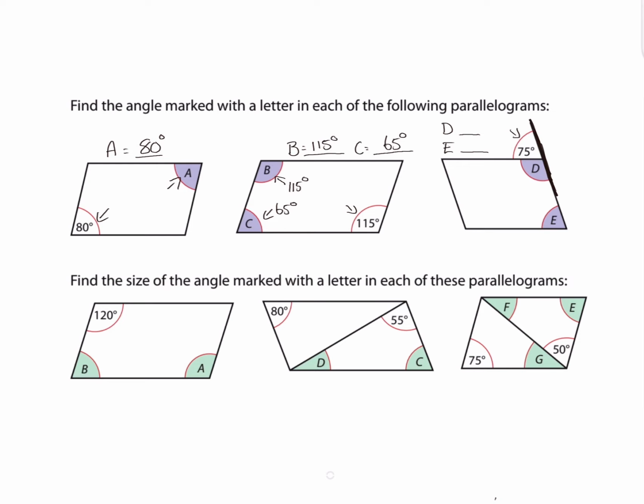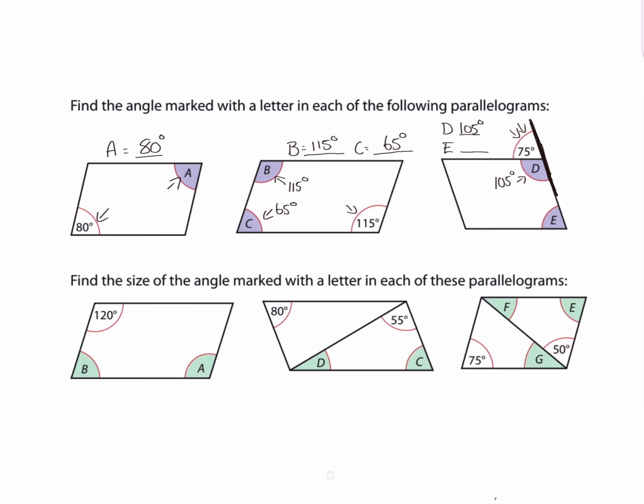So if this side is 75, D must be whatever is left over if we take 75 away from 180. So D must be 105 degrees, okay? 105 degrees, because if we add 105 and we add 75, we get 180. So D must be 105 degrees.